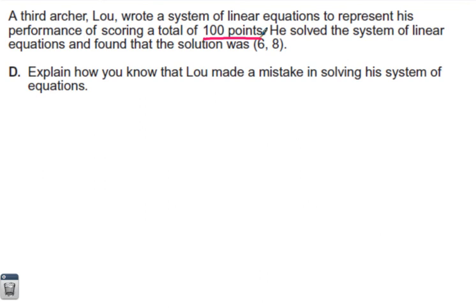All we know about Lou is that he scored 100 total points, and if his solution was 6, 8, 6 being the solution for x, that means x equals 6, which means 6 arrows in the surrounding ring.